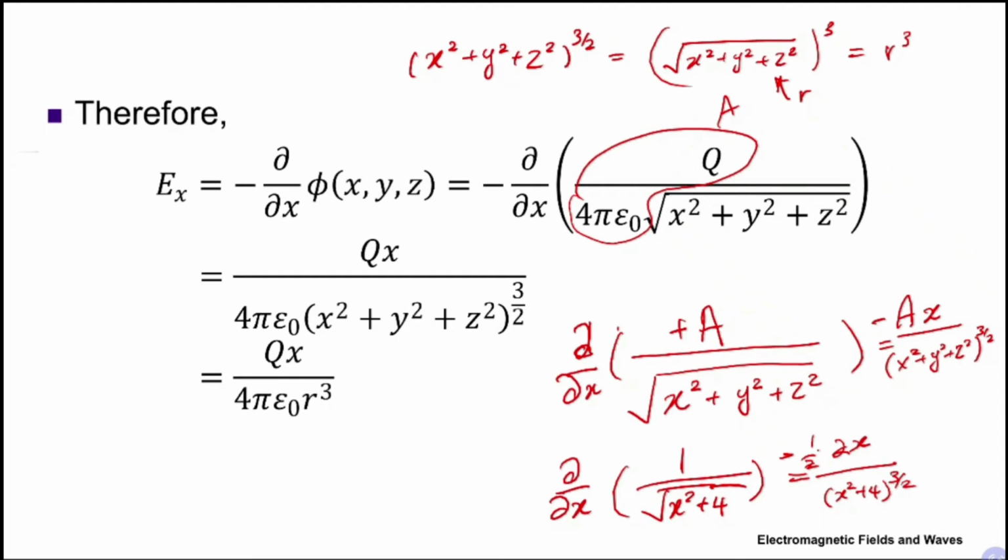So that is minus 1 over 2. So my x component of the electric field will be Q times x over 4 pi epsilon naught r cubed.